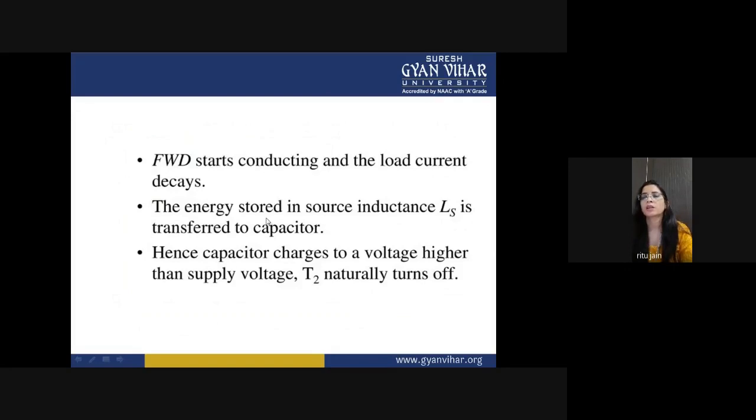The energy stored in source inductance Ls is transferred to the capacitor, so hence the capacitor charges to a voltage higher than the supply voltage. So T2 naturally turns off.